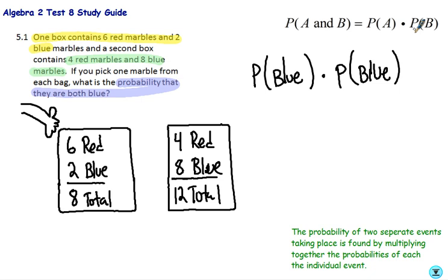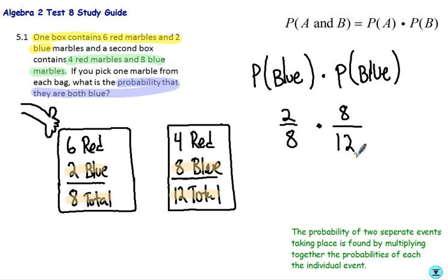So the probability of getting a blue out of the first box is going to be 2 out of 8. And then the probability of getting a blue out of the second box is going to be 8 out of 12, because there's 8 blue out of 12 total. Now we just want to multiply these 2 things together.